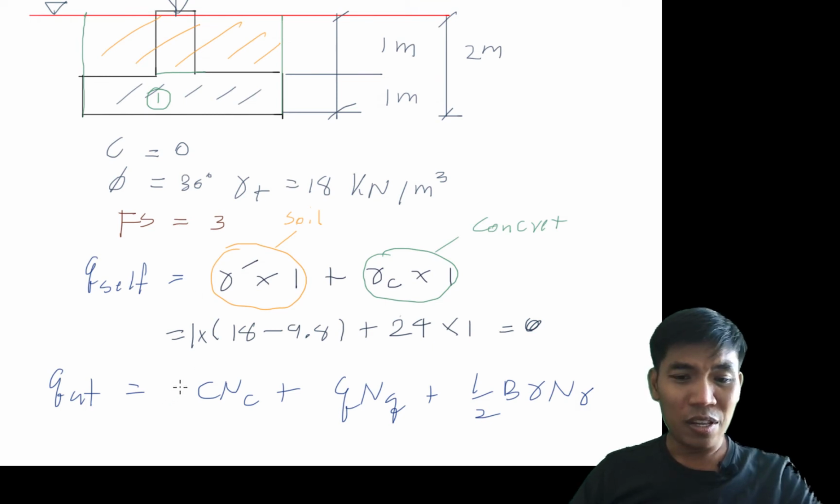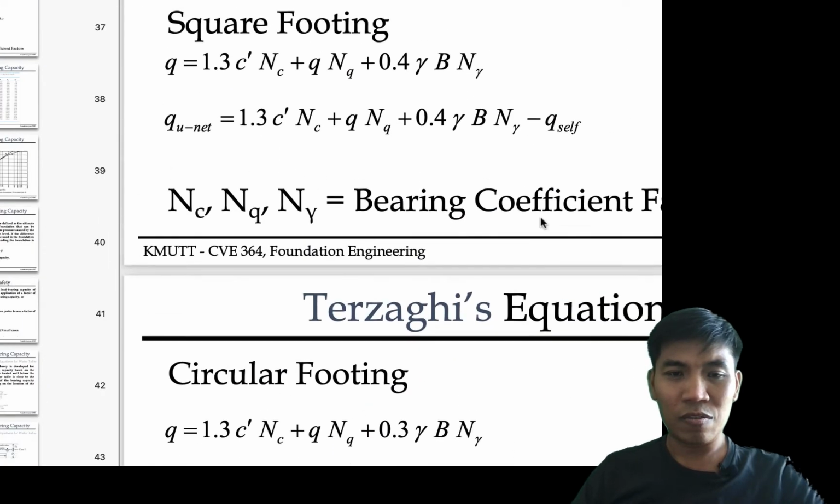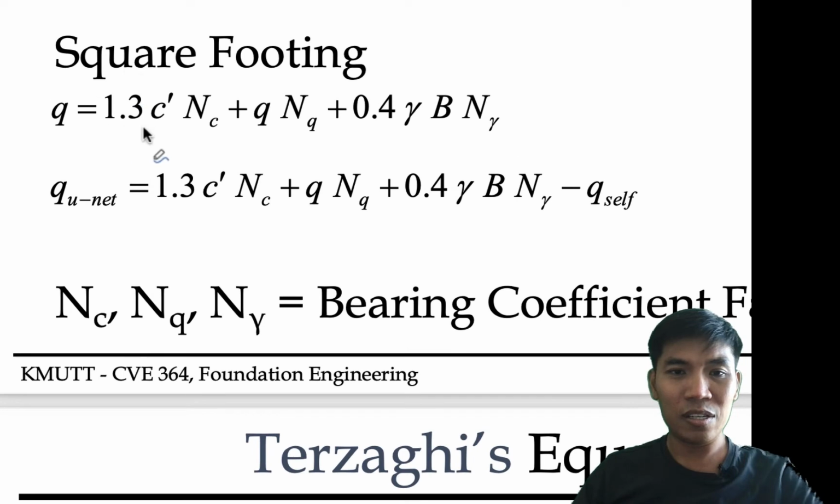If this one is a square footing, what's going on? Go back to the handout. Square footing, you can see it here. For the square footing we have to add 1.3, and for the N gamma term we reduce from 0.5 to 0.4.